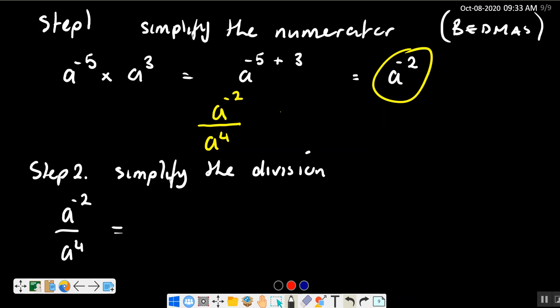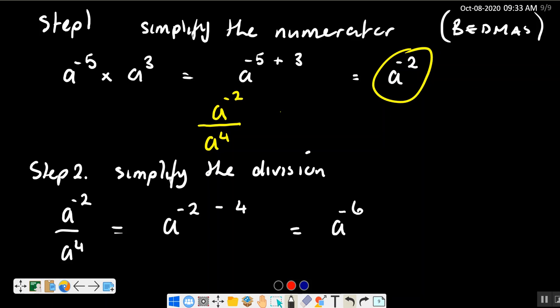Everyone okay with that so far? Any questions? No? So step 2. Now we're going to simplify the division. How do we simplify the division? We can do that as a to the power of -2 subtract 4. Yes, we subtract the powers, the exponents. So that becomes a to the power of -6.